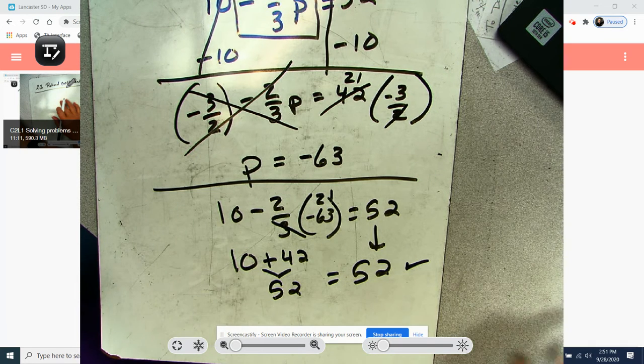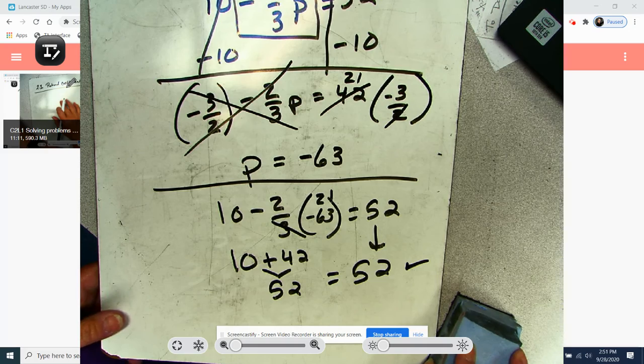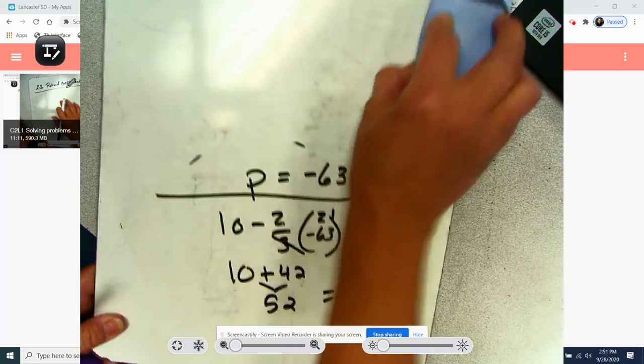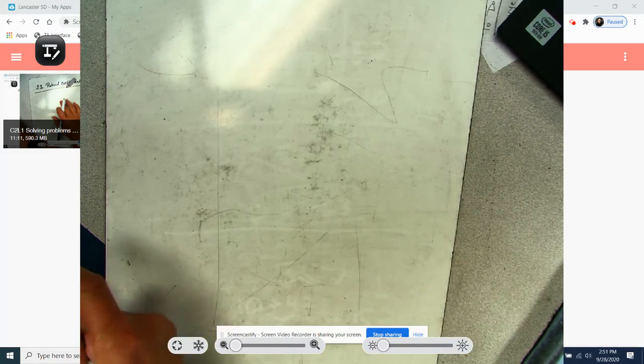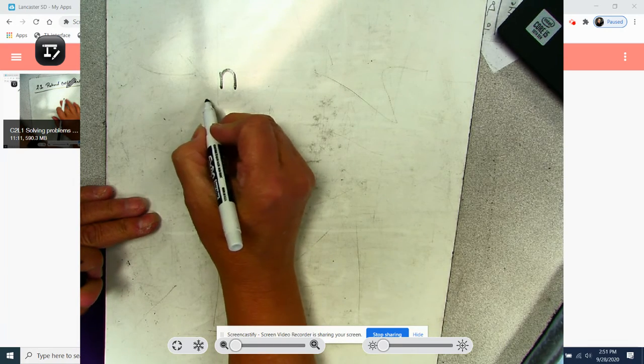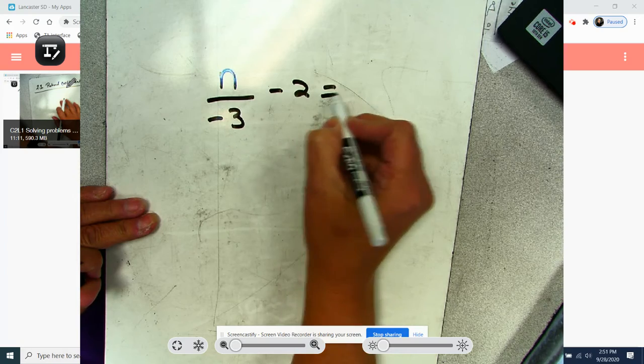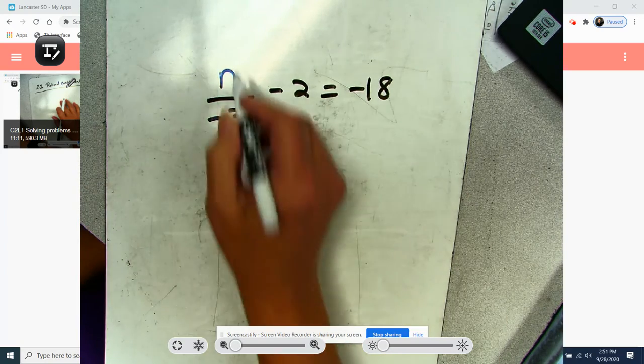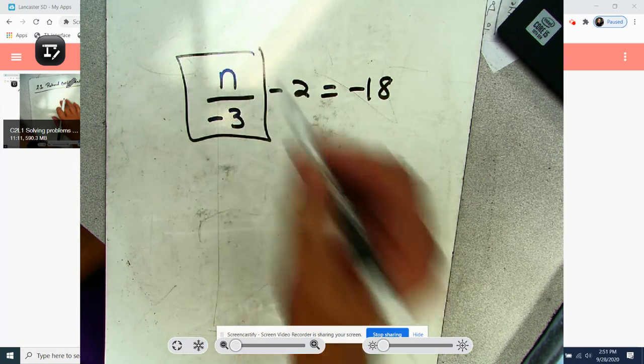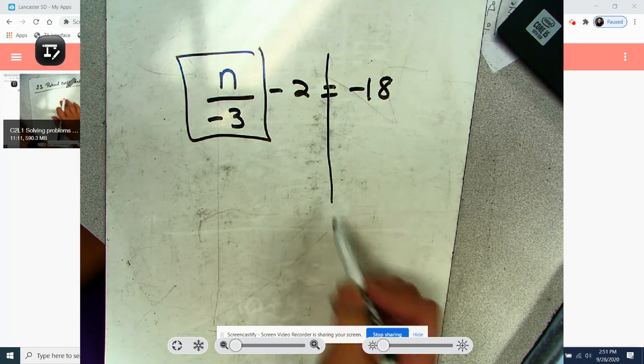All right, let's try this again. What if I started with n divided by negative 3 minus 2 equals negative 18? So first thing, I box my variable. I put my fence up.